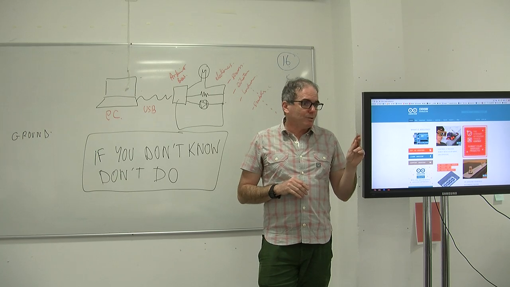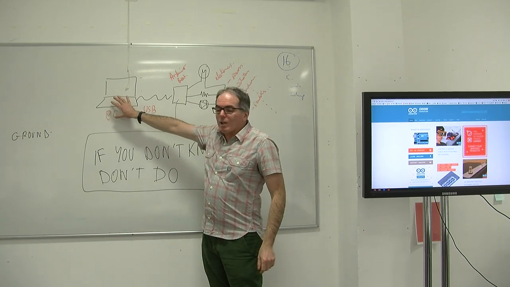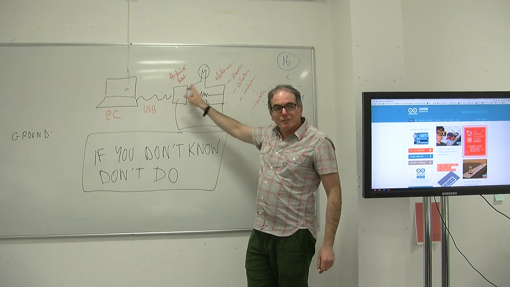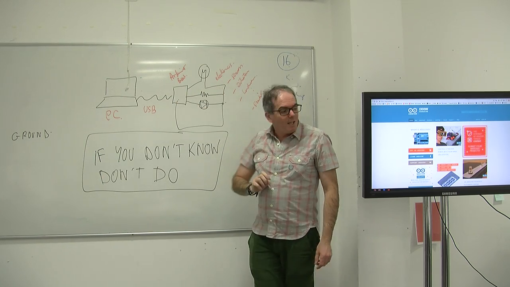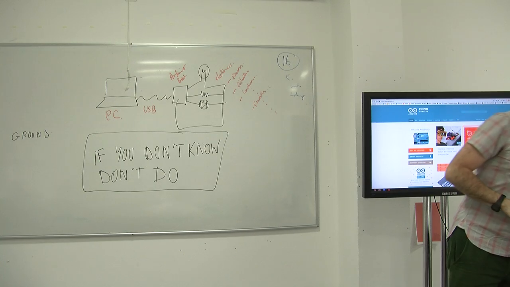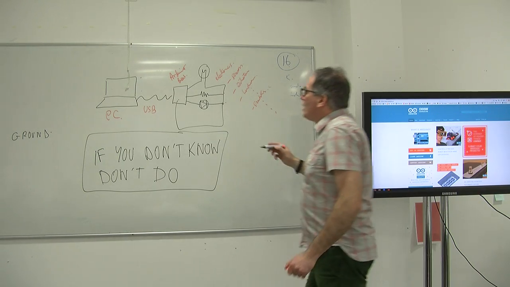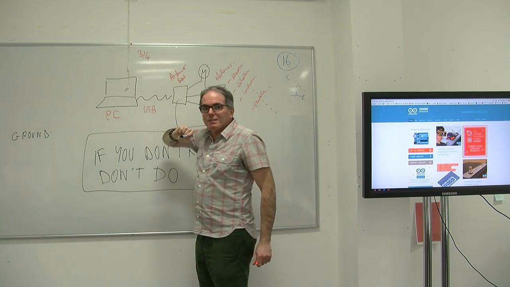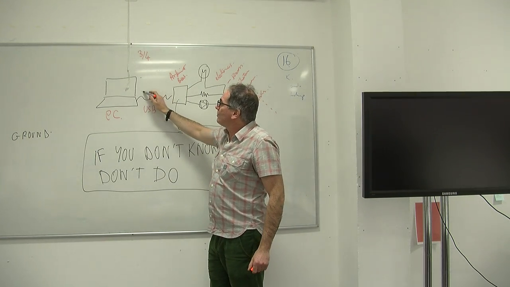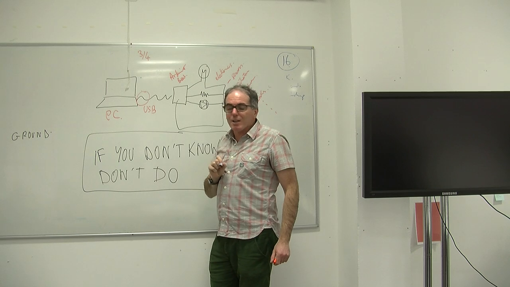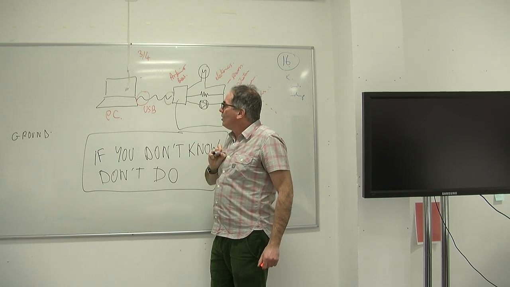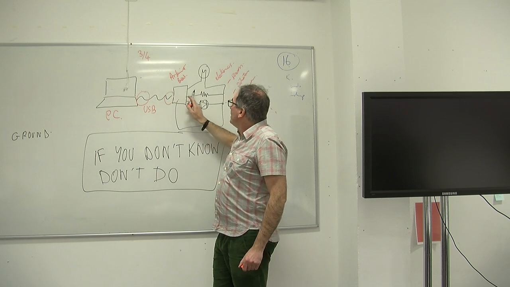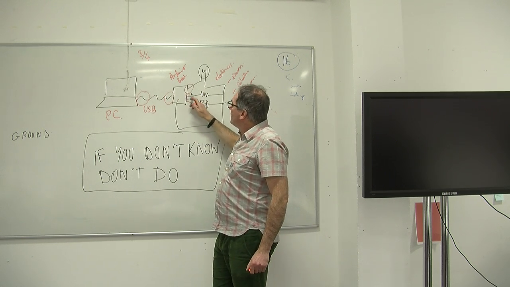First point, where you have a computer, a USB, the Arduino board, and some electronics. Believe me or not, but around 3/4 of your problems are going to come because you haven't connected the USB cable, either here or here, or because your computer is not on, or because you didn't connect this properly.